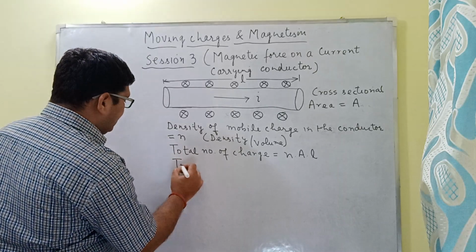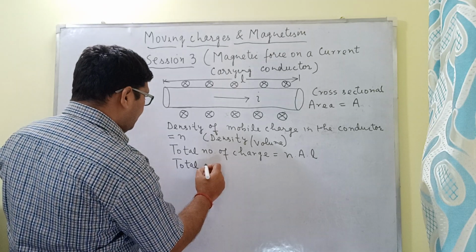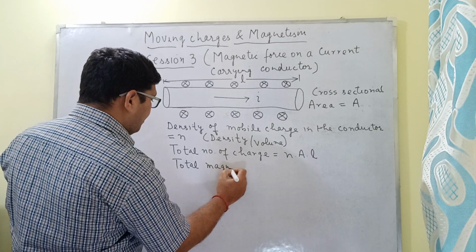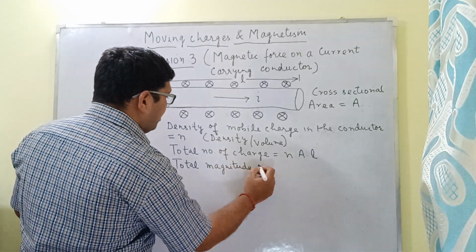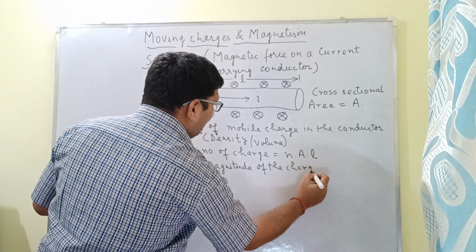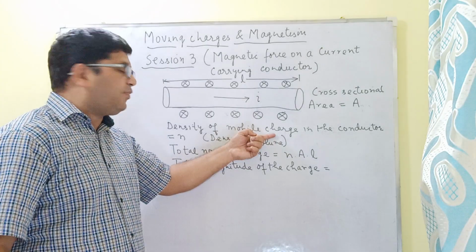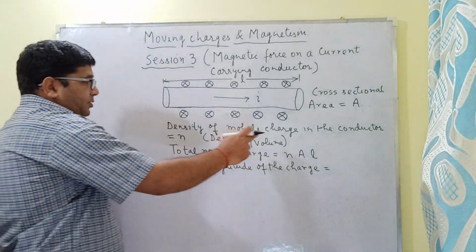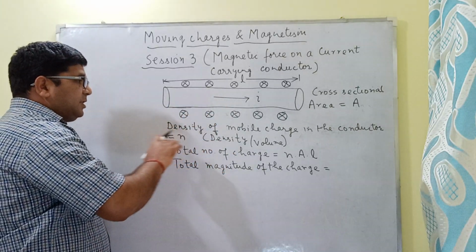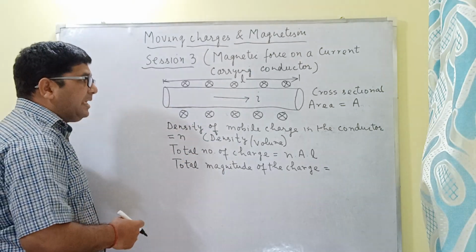So total value of charge कितना होगा? Total magnitude of the charge, or you can say the total value of the charge कितना हो जाएगा. Now ये जो मोबाइल चार्जेस हैं बेसिकली, these are the free electrons. ठीक है. सो अब, as we all know that the movement of the free electrons constitutes an electric current.